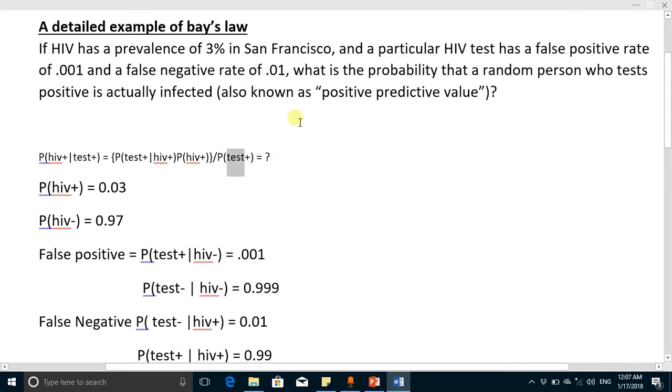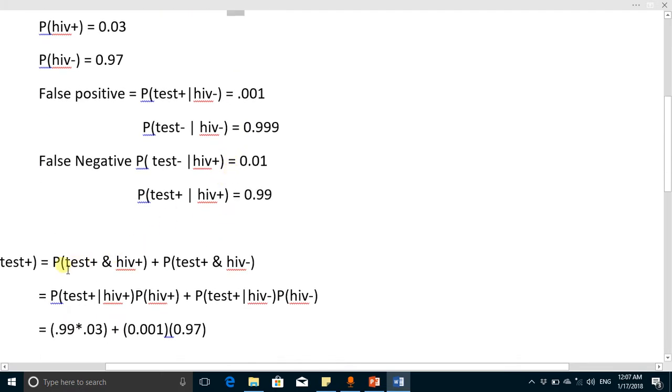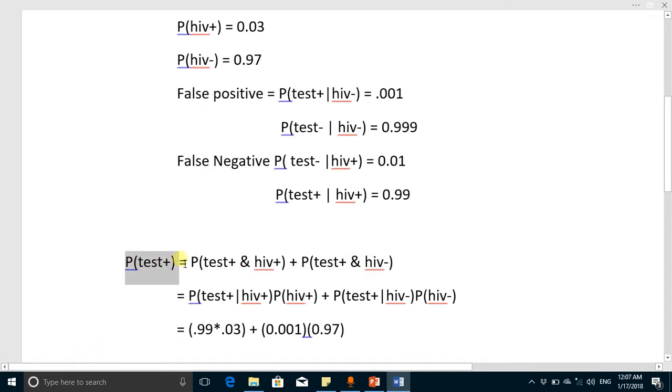In this problem space, the other factor is HIV. So the probability of test positive will be the probability of test positive and HIV positive plus the probability of test positive and HIV negative. We will add these two probabilities to find the total probability of test positive.